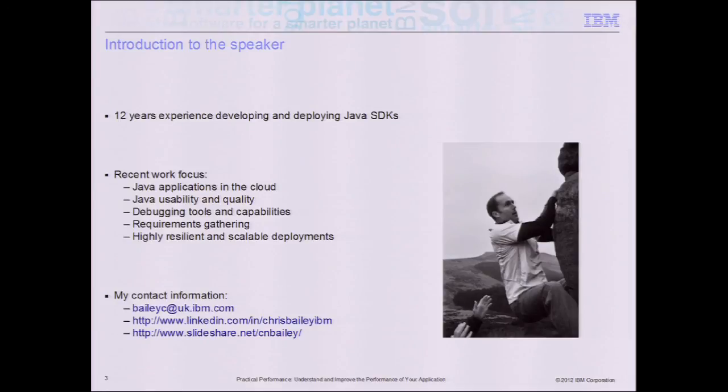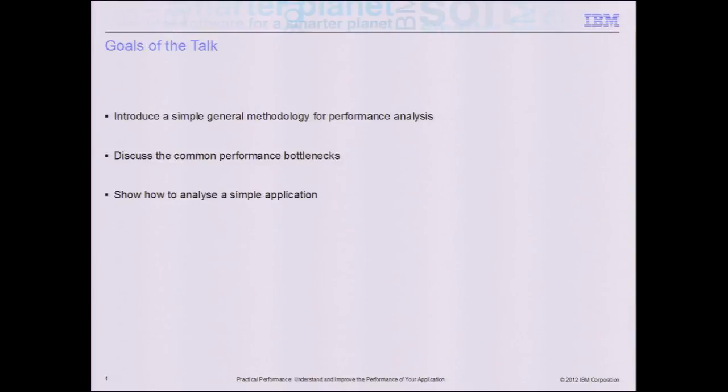So the goals of the talk, as I said, is to introduce a general methodology to performance analysis and trying to identify performance bottlenecks in your system. So it's the high-level process rather than the detail of how to analyze and tune specific areas. What it will do, though, is cover some common performance bottlenecks, things which will have a noticeable impact to your system.